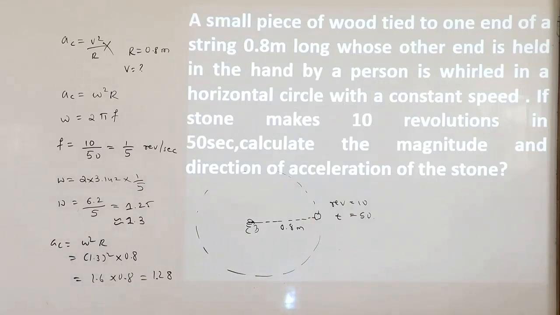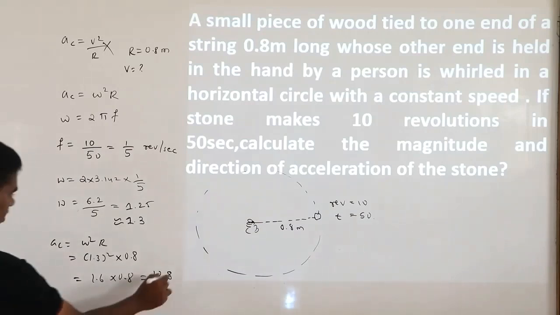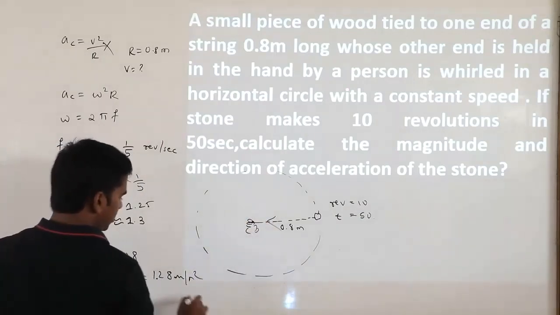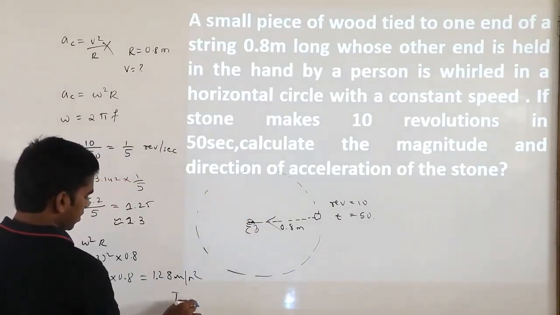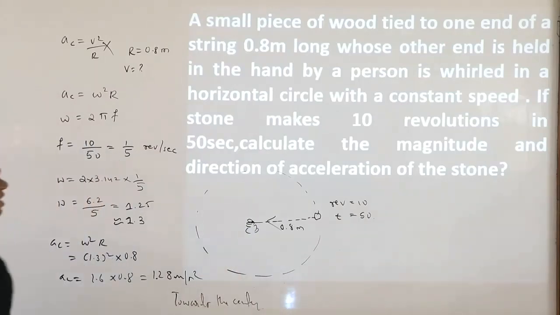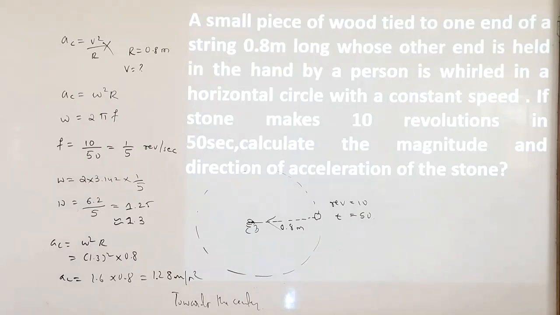So 1.28 meter per second square is the acceleration. What is the direction? The direction is towards the center, because it is only the centripetal acceleration.